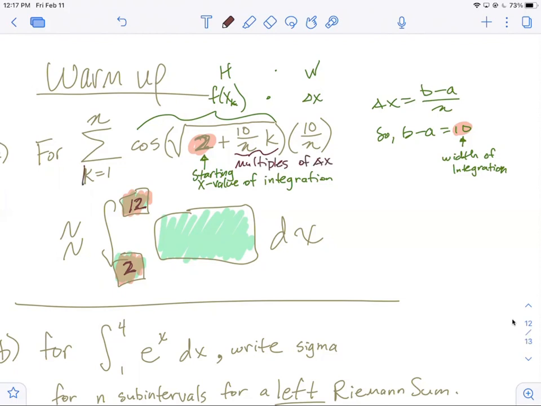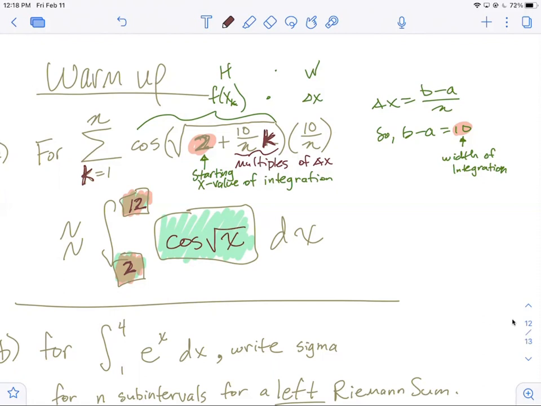And in this case, k is your variable of your summation. Okay. But again, that could be i, j, k. It could even be n sometimes if there's not already another n in there. And so the function, we're going to be taking the cosine of the square root of our inputs, which is just x. Okay, so that's the answer.